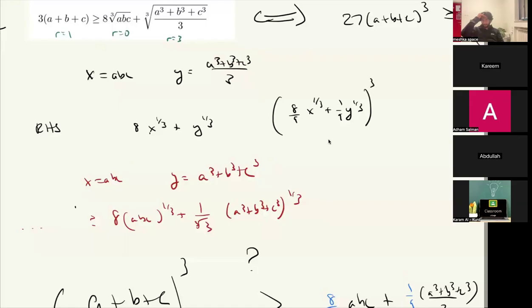Does it make sense? Whenever you use an inequality, you have to make sure you have the correct equality case. Otherwise, it will never work. If I start like this, it will never lead to a solution because the equality case is wrong.